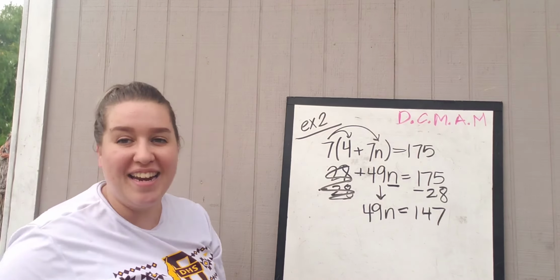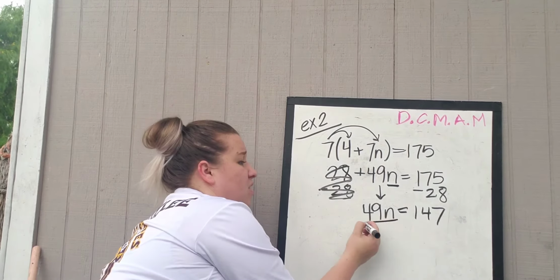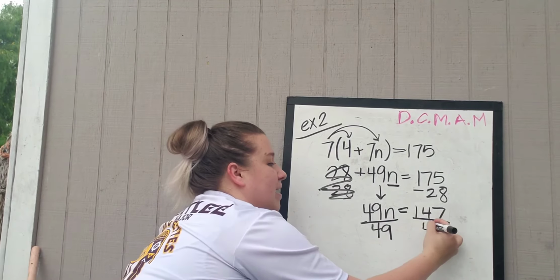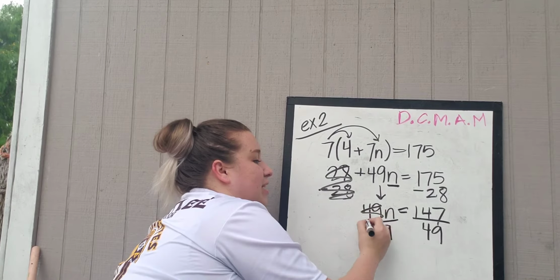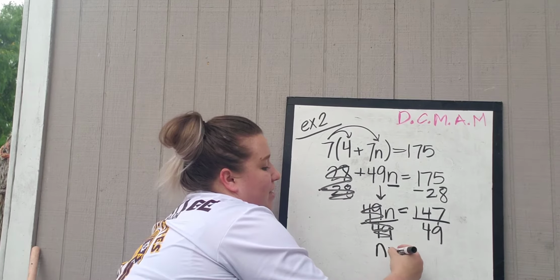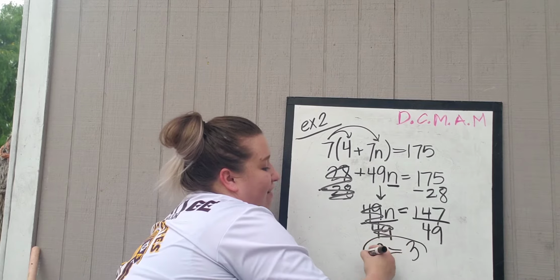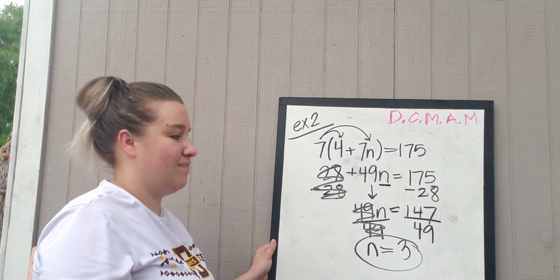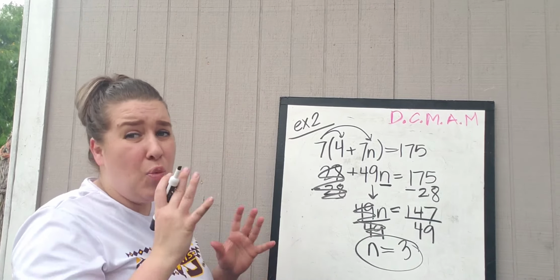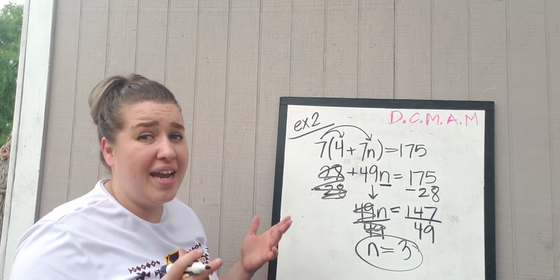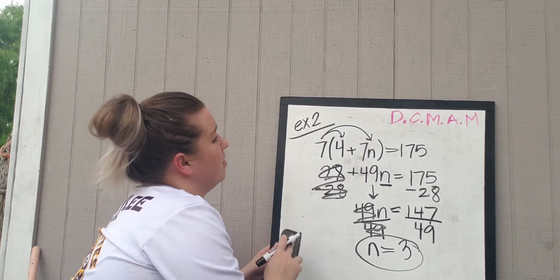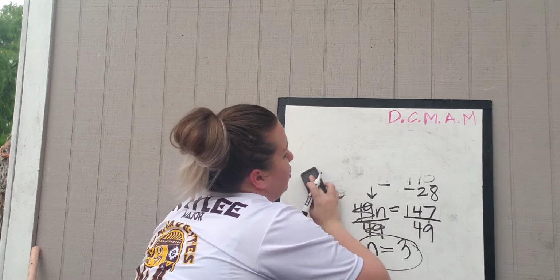Woo, I did that right. I know I did that right because our favorite step comes next. We're going to divide. And that is going to leave us with n equals 3. And we got the answer we wanted. Hope we're following these steps. We have done this before. So let's move on to example 3.